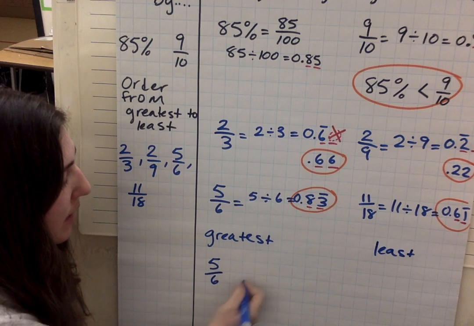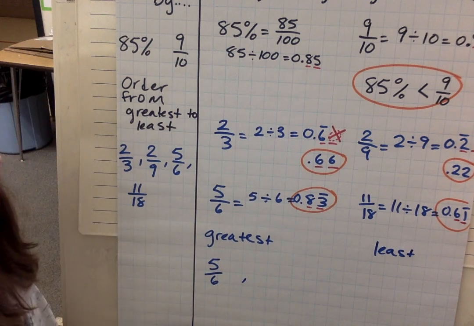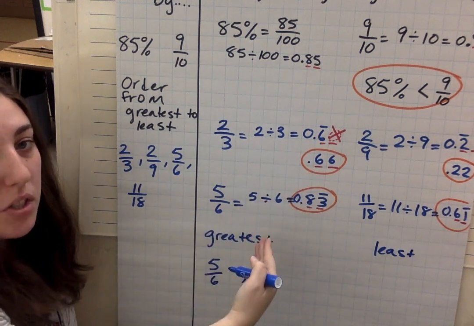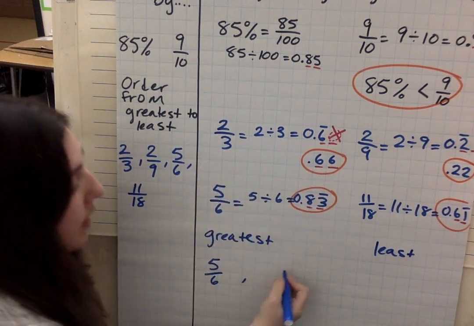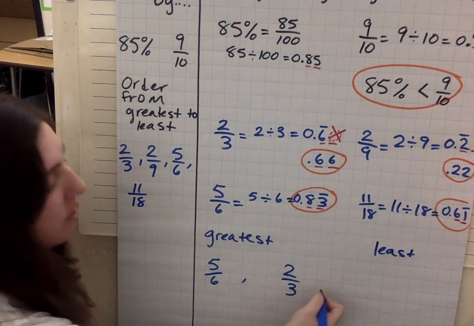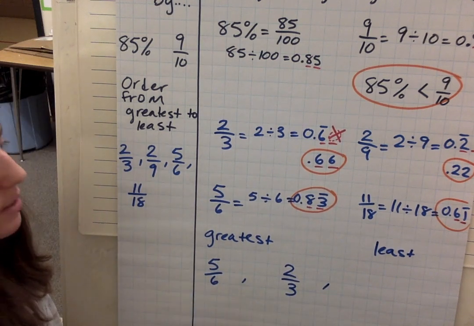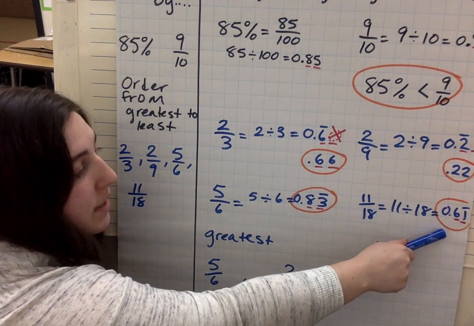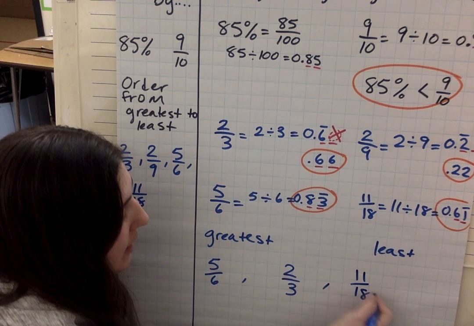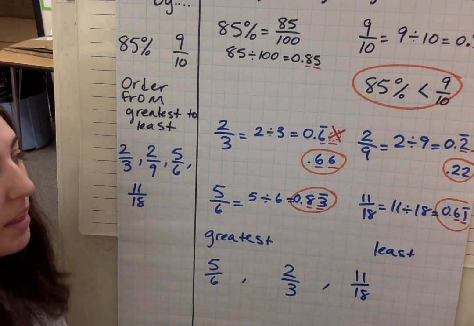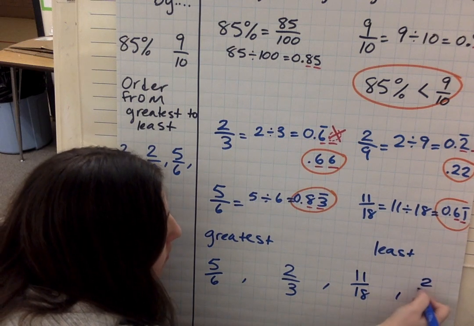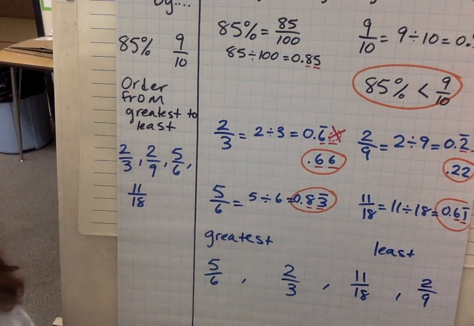So 5/6 is the greatest. Next, looks like 0.66 is the next largest. So I'm going to write that in its original form, 2/3. The next largest is 0.61. So I'm going to write that 11/18 in fraction form. And the last one is 0.22, which is 2/9, and that is the least.